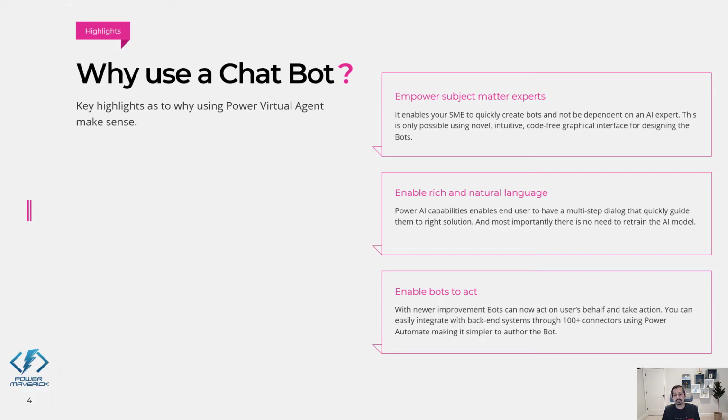And then the third and the most important point that you would want your chatbots to have is enabling the bots to act on behalf of the user. So for example, say I'm using a product and I encountered an issue. I'm asking a bot what the resolution is, and let's say it's actually a product bug.